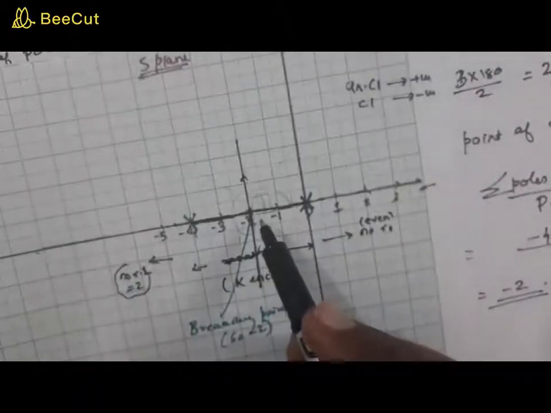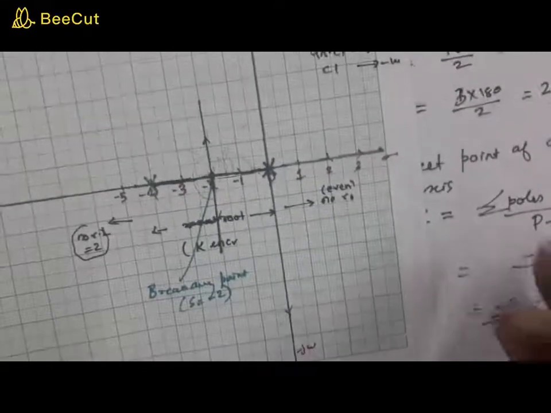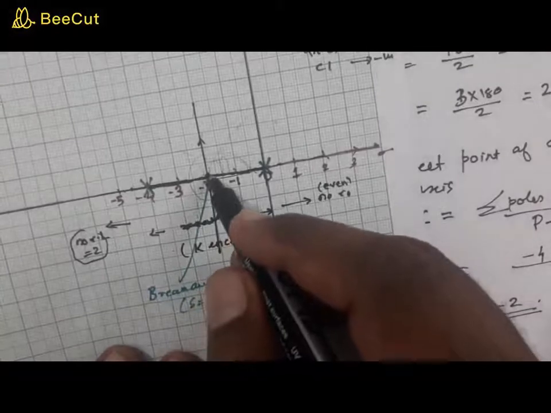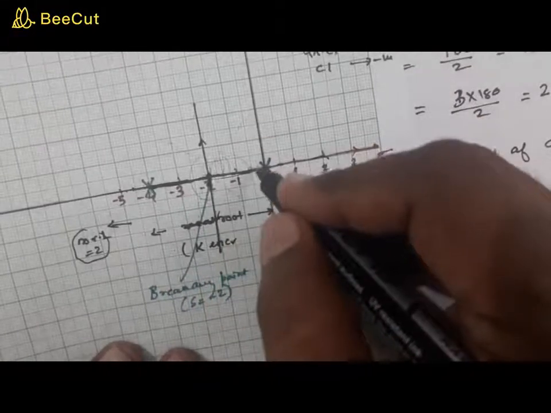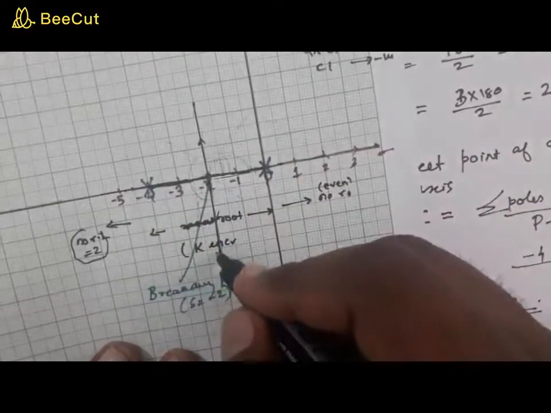Now, since the breakaway point is minus 2 and the intersection point of the asymptotes is minus 2, the roots will also follow. What is the need of this asymptote? The asymptote is actually the guide of this root locus from the breakaway point. So one will be led in this direction, the other one in this direction.